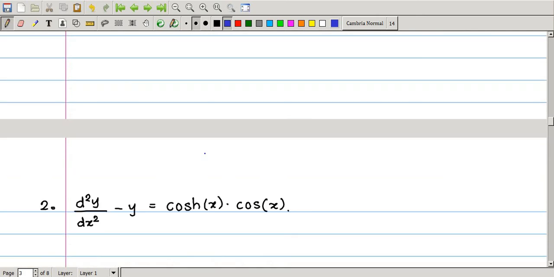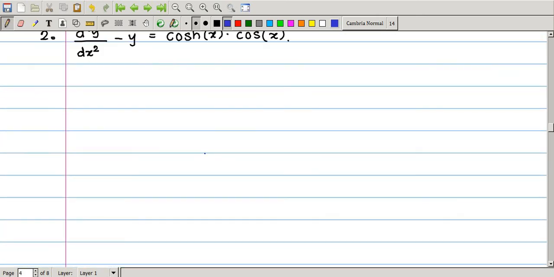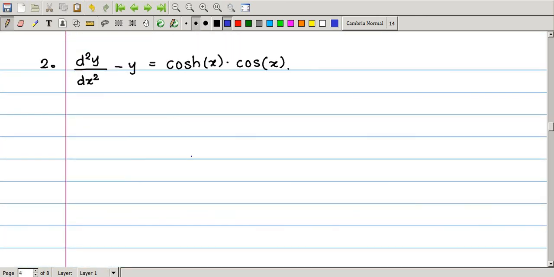Now we move to the next problem, that is d square y by dx square minus y equal to cos x into cos hyperbolic x. So here we first identify the function f of x. We go for shortcut method formula here.